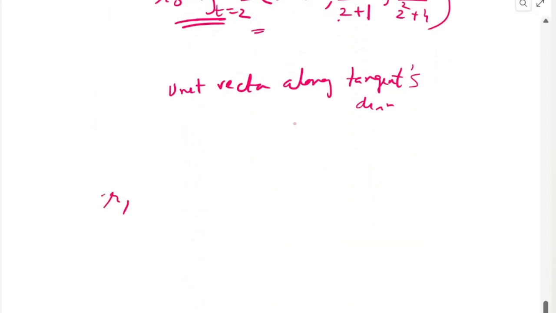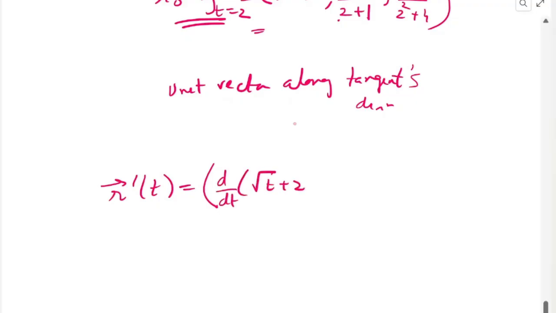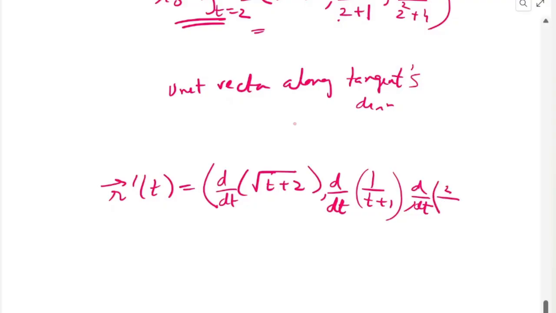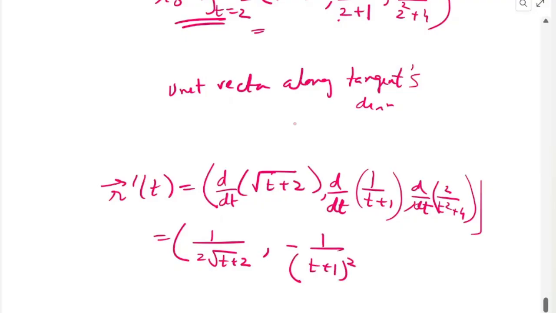So let me calculate r dash t. This r dash t means d/dt of root t plus 2, d/dt of 1 by t plus 1, and the third component d/dt of 2 by t square plus 4. So check once also, this thing and minus 2t.